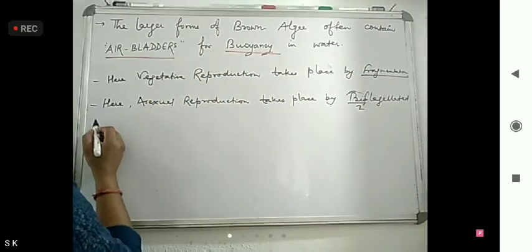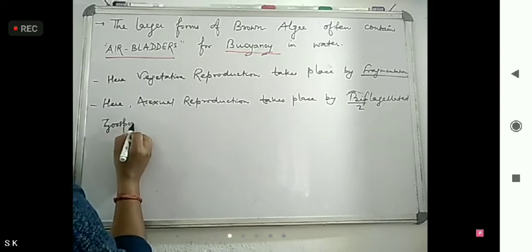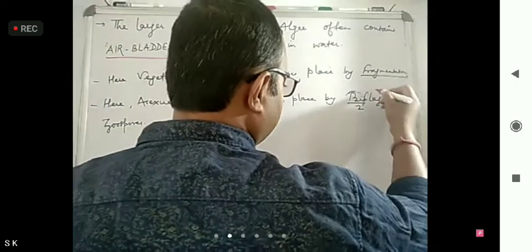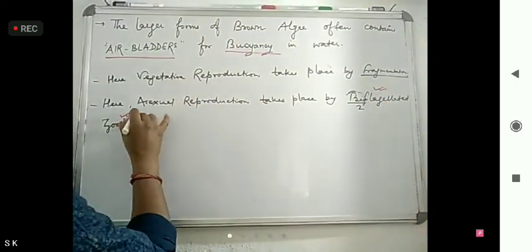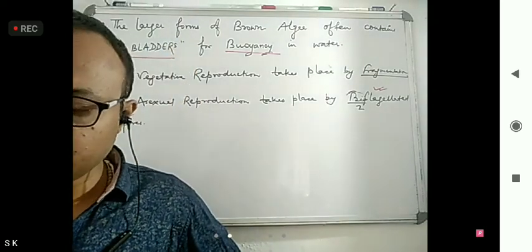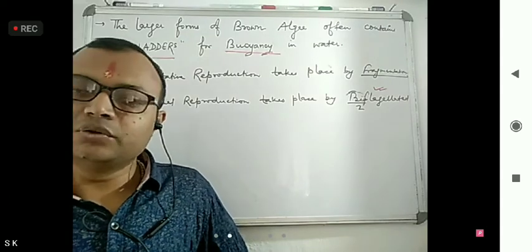So by biflagellated zoospores. Okay, and this you have to remember. Biflagellated zoospores. Asexual reproduction takes place in what? Brown algae.